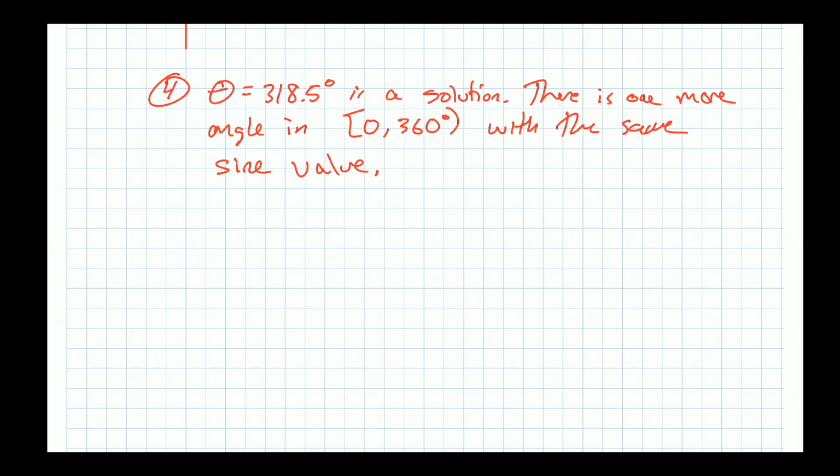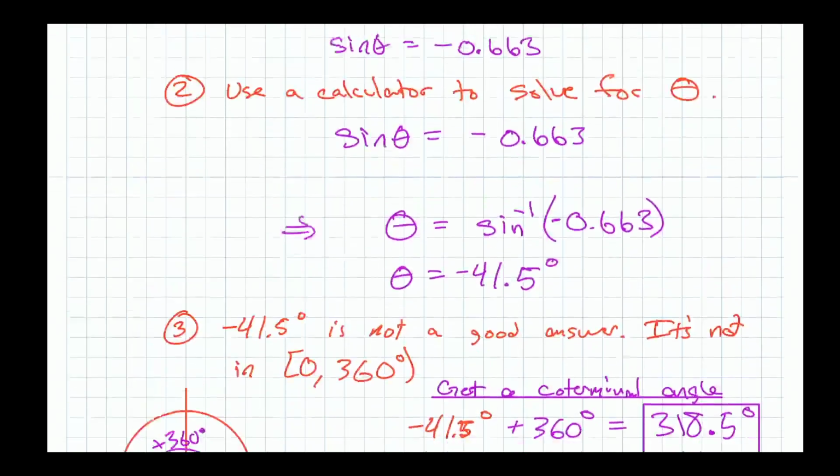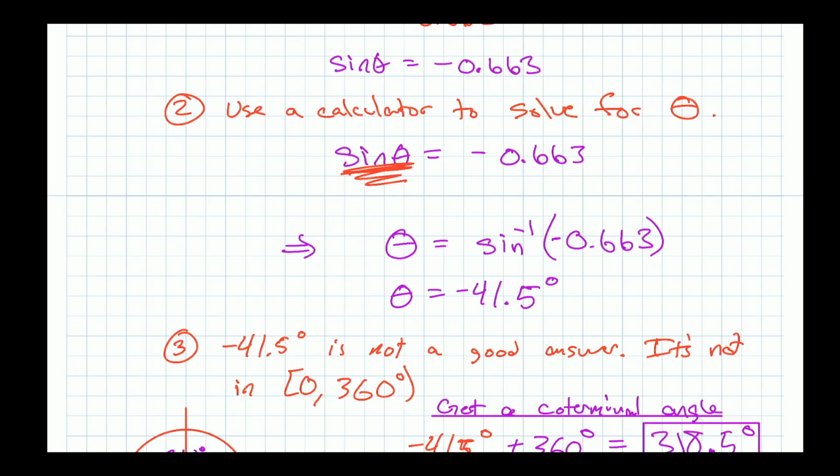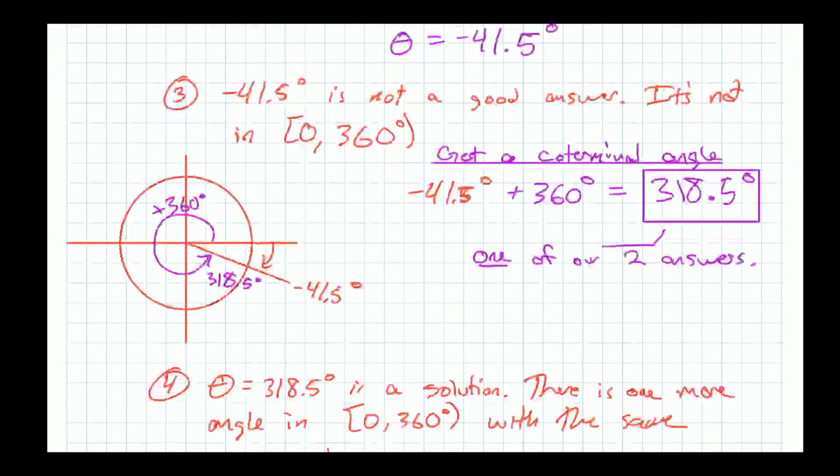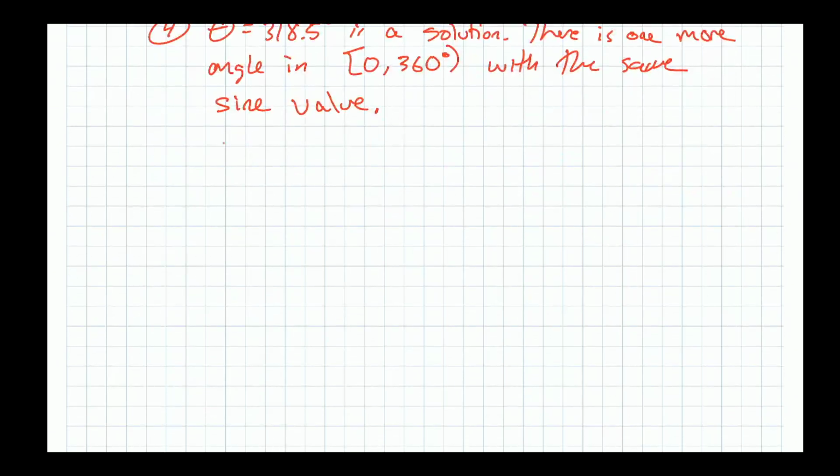Why are we looking for the same sine value? Because that's the equation we were solving, right? It was a sine equation. So where's that angle? So again, you're going back to the unit circle. I mean, I could use the one I already drew, but I'm using this one.